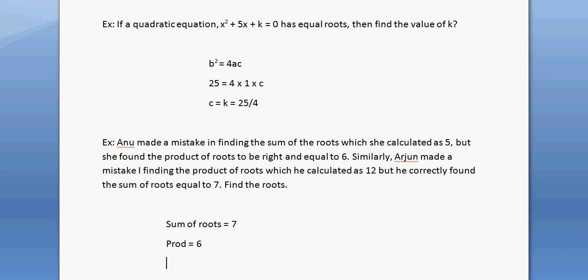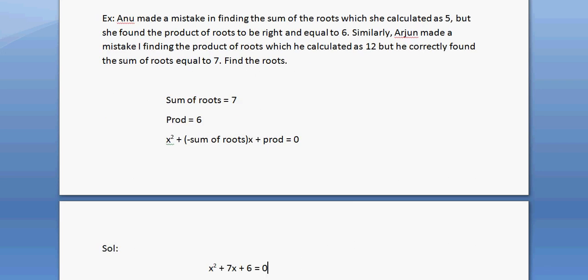Now how do we construct the equation? The equation would be x square minus the sum of roots into x plus the product of roots is equal to 0. We'll not write a; we'll assume a is equal to 1 to write the equation. This is how we reconstruct the equation.